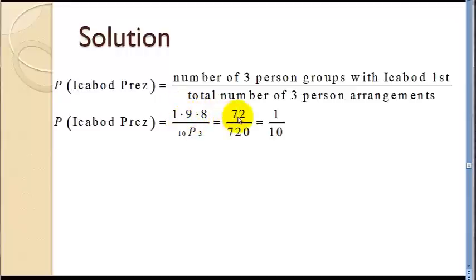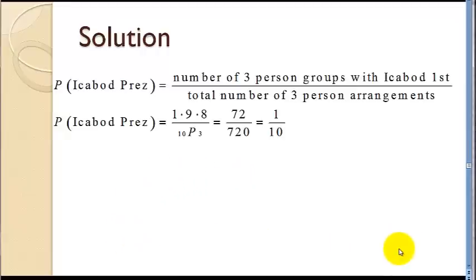So there are 72 councils that have Ichabod as president. And then we need to know the total number of councils, and that would be 10 people being chosen 3 at a time, and it's an arrangement. And we could do this in the calculator, and we get 1/10. So there's a 0.1 probability that Ichabod would be chosen president of this.